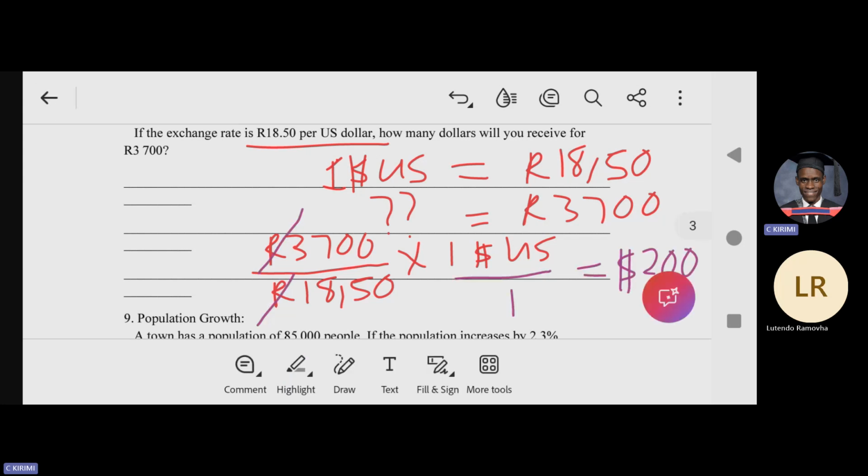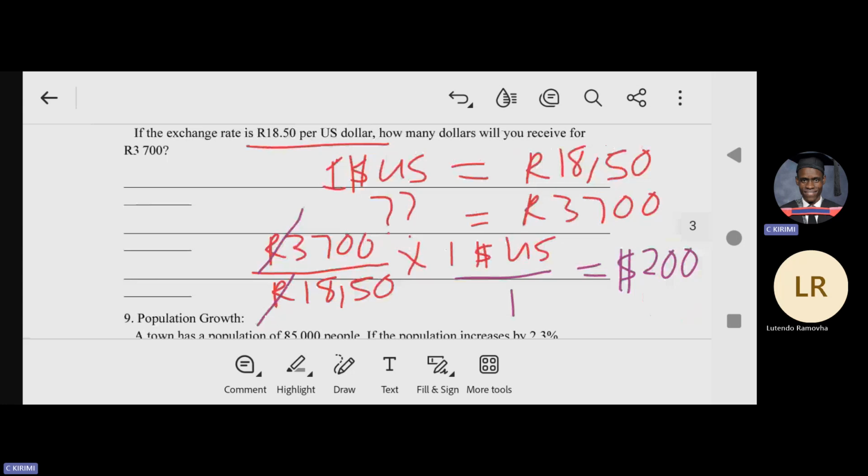So these are exchange rates. For example, when you want to go overseas, you have your rands in South Africa and you want to go to the US, you convert. What is the current exchange rate? If I have this amount, how many US dollars am I going to get?